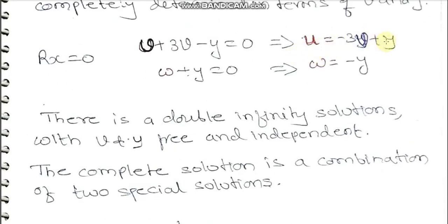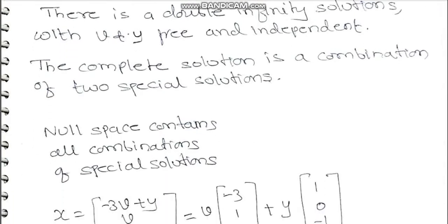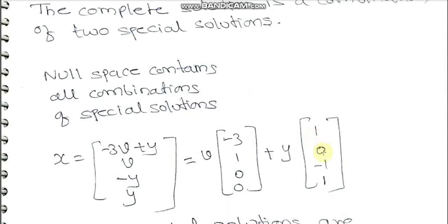The value of y in u is 1, the value of y in v is 0 because it is a free variable, and the value of y in w is minus 1. The same thing has been written here: the values of y as 1, 0, minus 1 and 1 itself.